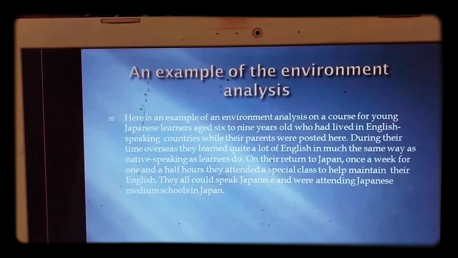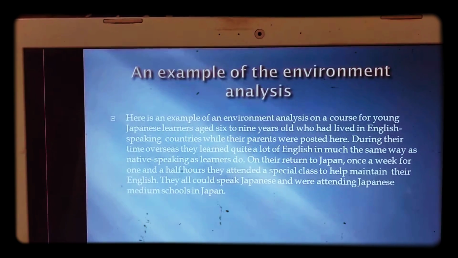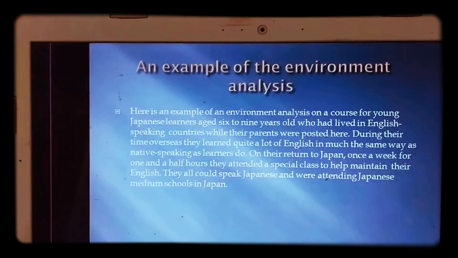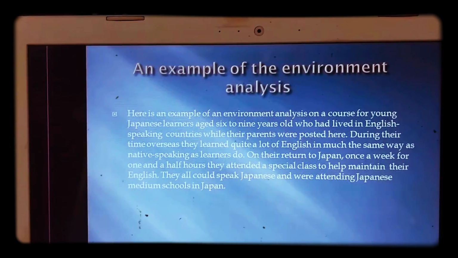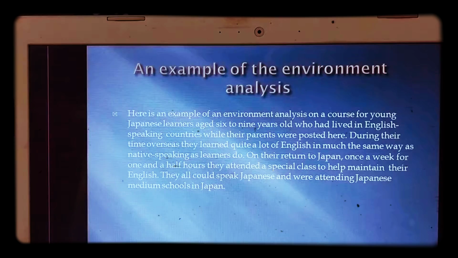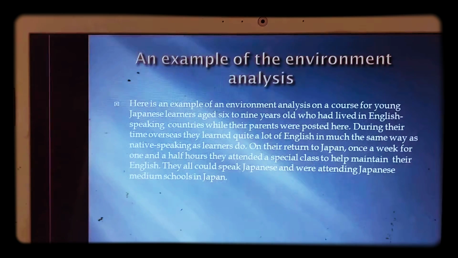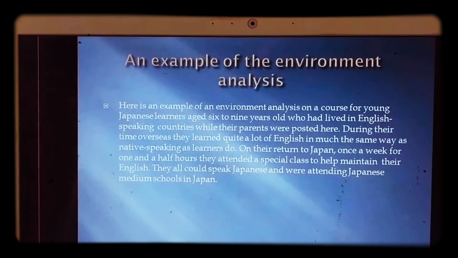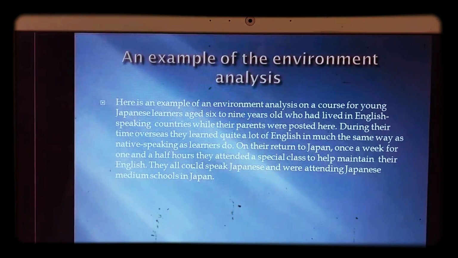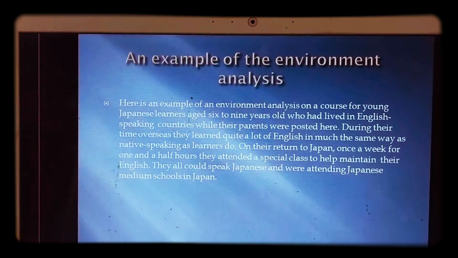Okay. Here is an example of an environment analysis on a course for young Japanese learners aged 6 to 9 years old who had lived in English-speaking countries while their parents were studying there. During their time overseas, they learned quite a lot of English in much the same way as native speaking learners do.